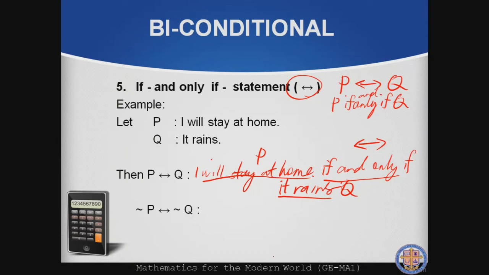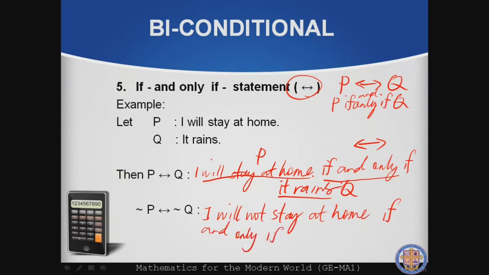How about this one? You read this as not P, if and only if not Q. So, as you write the correct answer, I will not stay at home if and only if it does not rain.